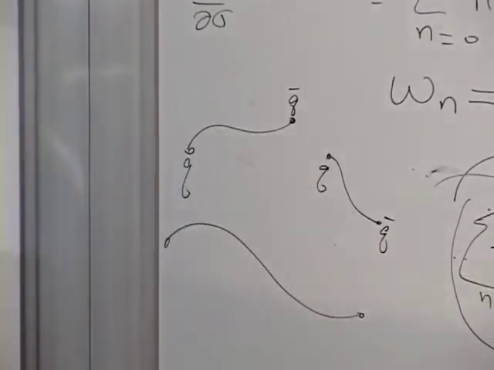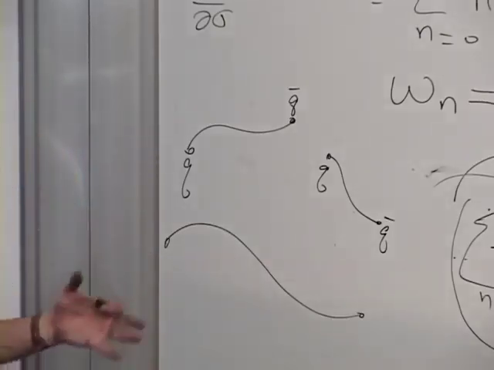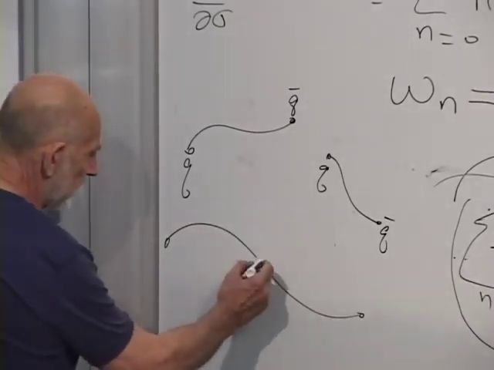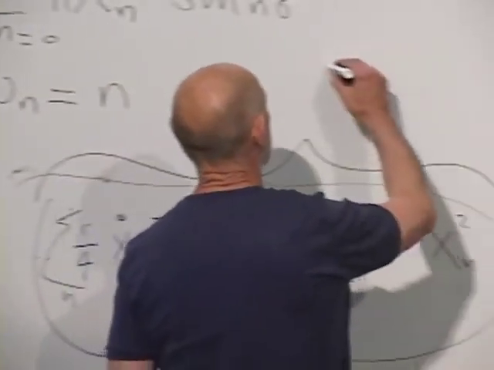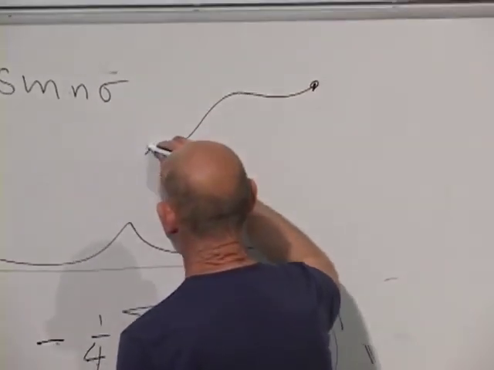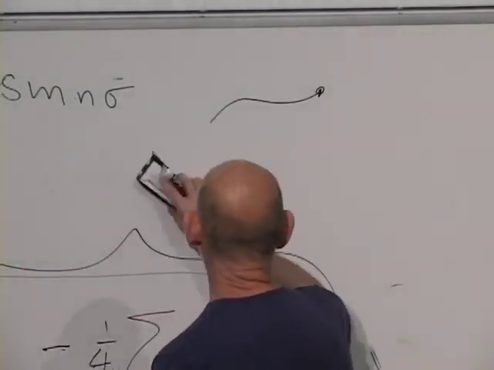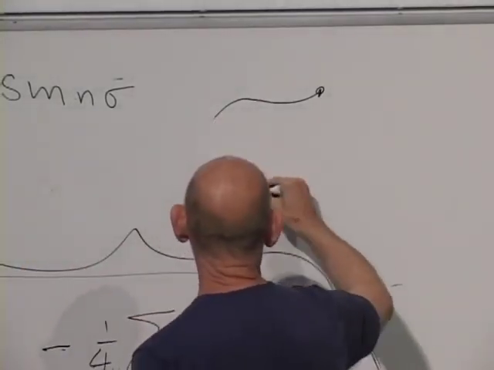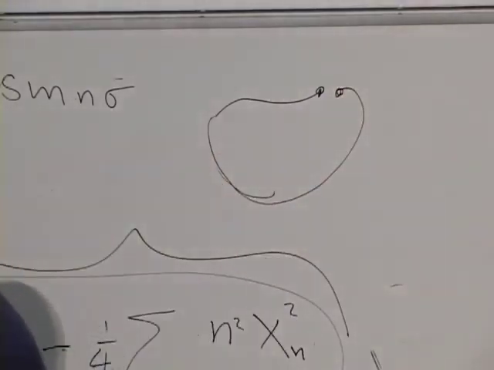So the basic interaction process, which we haven't discussed yet, is the joining and splitting. If joining can happen, splitting can happen. Joining and splitting of strings. Now, here's a string all by itself. And as it happens, this string executes a fluctuation which happens to bring the other end around close to the original end.